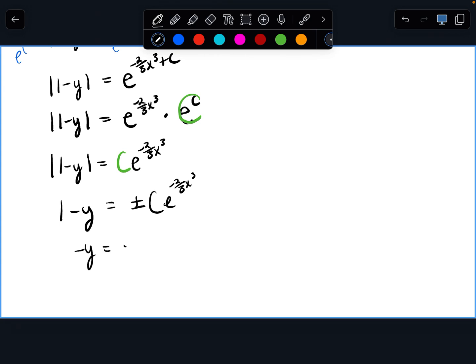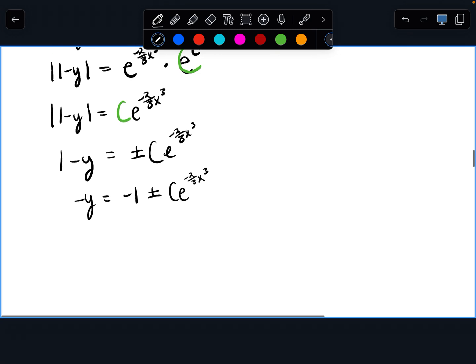Usually when it's in this form, I'll put that number in front, because sometimes they can get weird with parentheses. So whenever there are constants I have to move over, I always just put it in front of all the e stuff. And then dividing out the negative, this now turns into positive. The plus or minus didn't change because it kind of absorbs the negative part. And then this would be the answer.